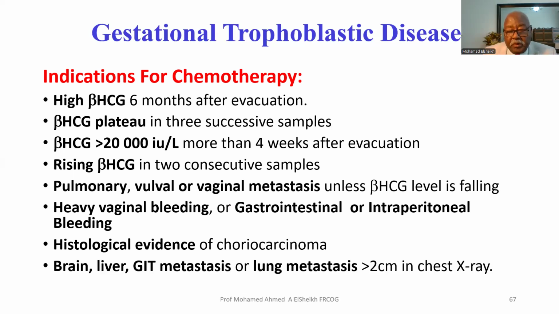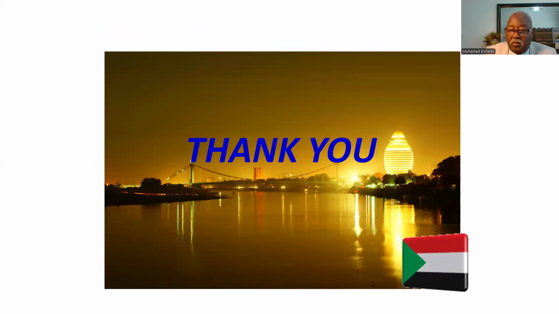If there is brain metastasis, liver metastasis, GIT metastasis, or lung metastasis shown by X-ray, so if there is any metastasis of the condition, then that is where you need to give chemotherapy. Thank you very much. And we stop here at the end of the second part of the bleeding in early pregnancy.